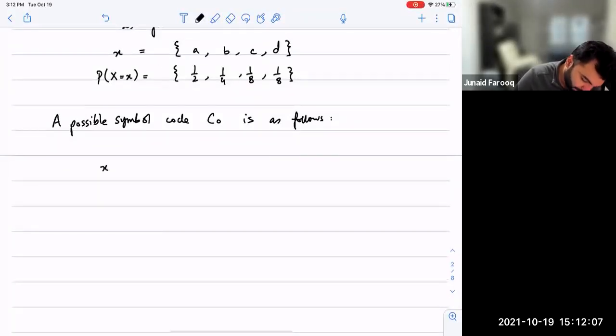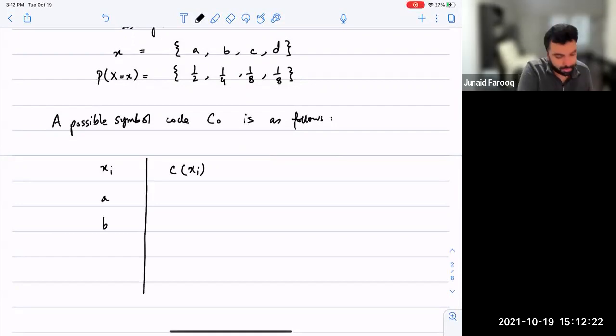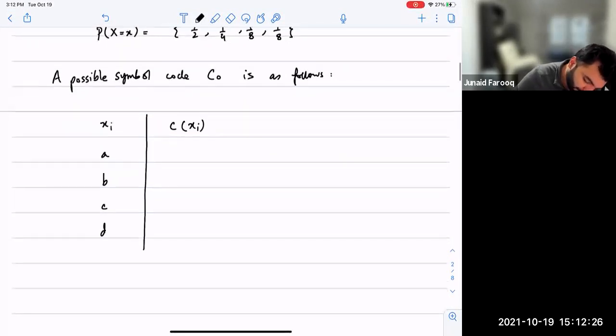So let's say there is the symbol X, and there is a code C of Xi. Okay, and then let's say the symbols are A, B, C, and D, and their associated code is, let's say, 1000.